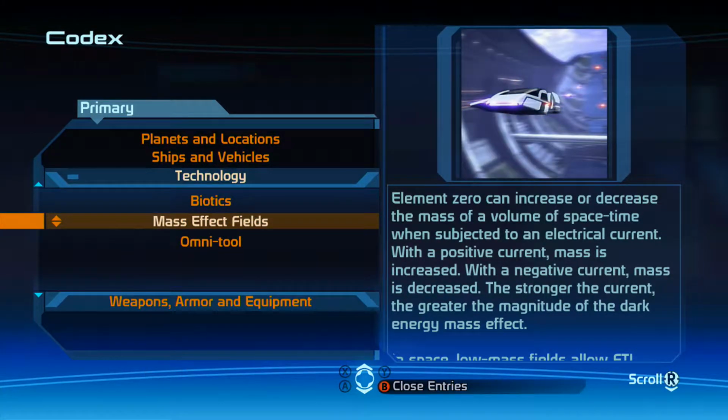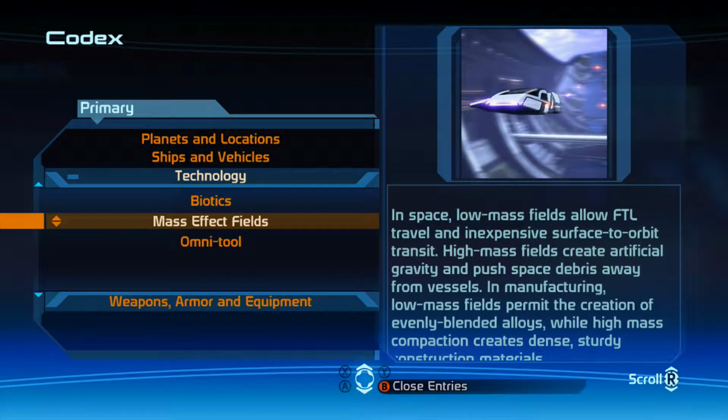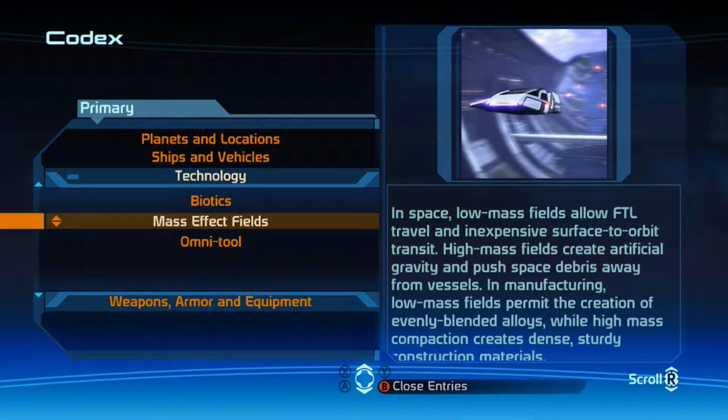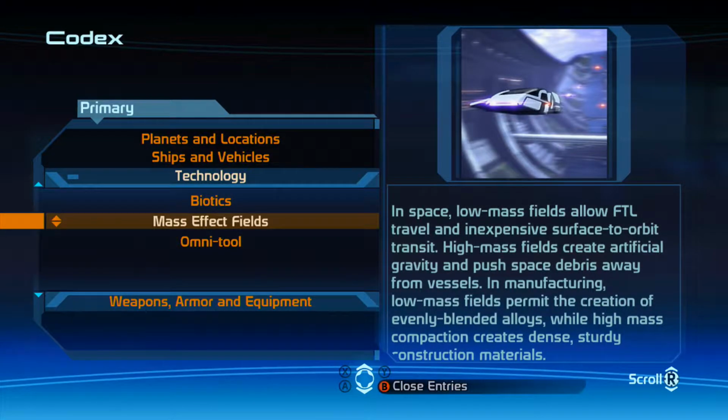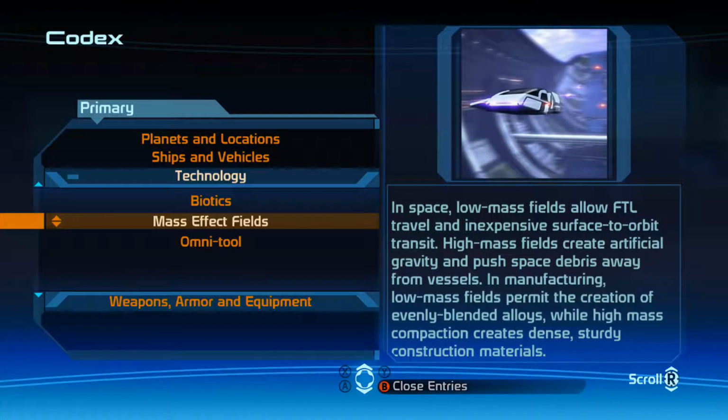Biotic. Element Zero can increase or decrease the mass of a volume of space-time when subjected to an electrical current. With a positive current, mass is increased. With a negative current, mass is decreased. The stronger the current, the greater the magnitude of the dark energy mass effect. In space, low-mass fields allow FTL travel and inexpensive surface-to-orbit transit. High-mass fields create artificial gravity and push space debris away from vessels.